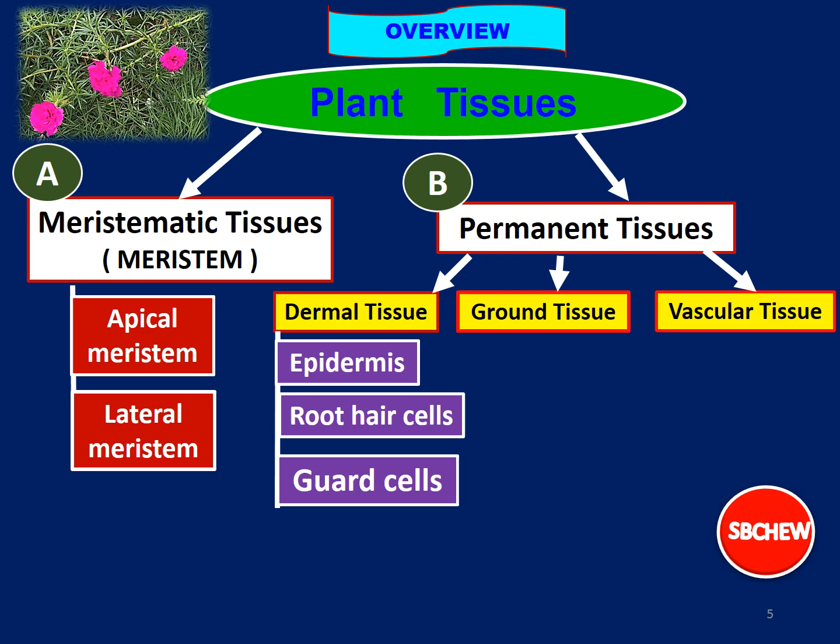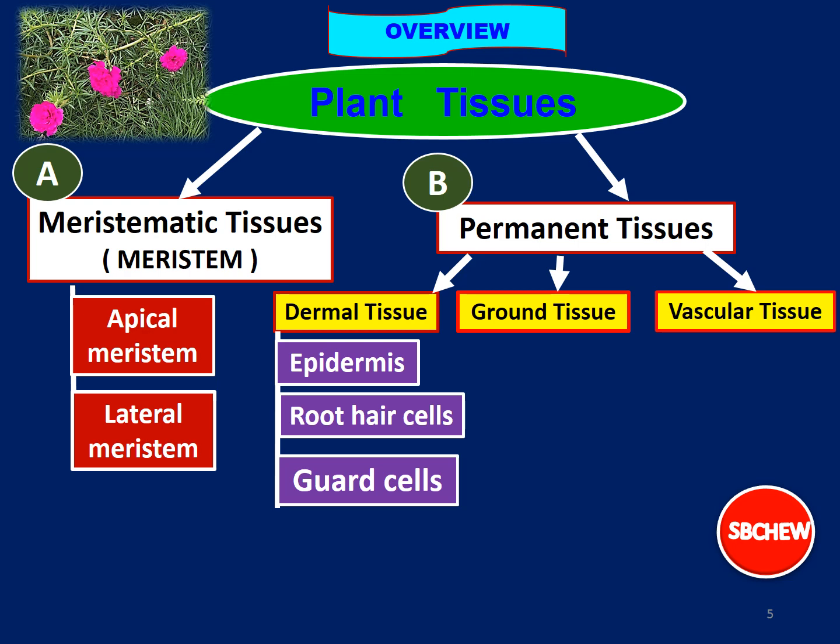Generally, dermal tissue is found on the outer surface of the plant and is used for protection against injury and other functions like water absorption and regulation of stomatal pore. We will discuss this later on. So dermal tissue is mainly used for protection and is found on the surface of the plant body.